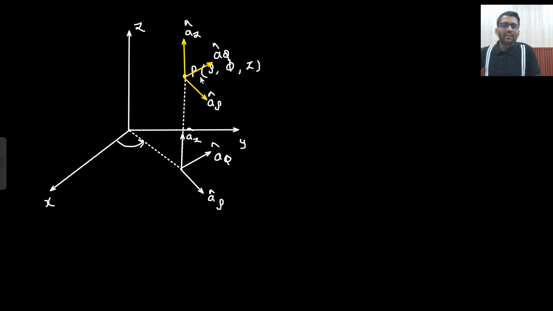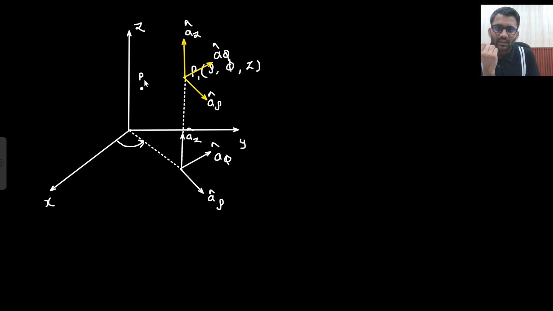Now let's say this point is P. Now some point P dash is somewhere here, with a different coordinate: phi 1, rho 1 and z1. So let me make it more clear to you.